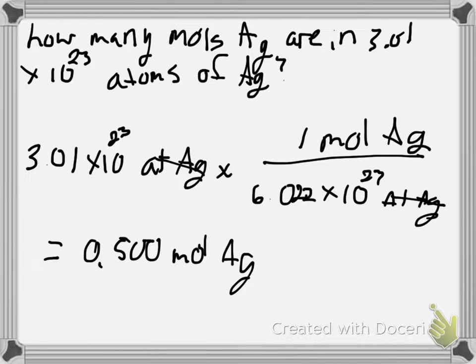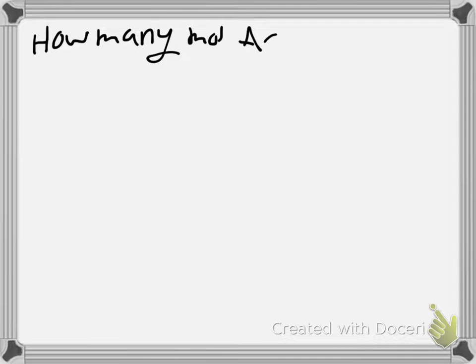Okay? So this last example problem, I am just going to work on the board for you because it's a little more complicated and we're running out of class time. But I want you to watch because this one is a multi-step problem. If you want to see the words and follow along with me, we're working the problem on page 88 of your textbook. Where it says, how many moles of silver, we just did that one.